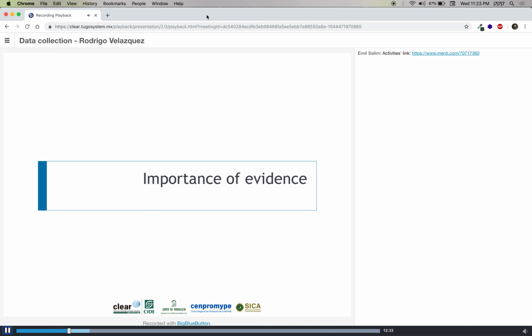So we can say that evidence is information, it is knowledge, its objective is to verify, or a fact, this is a means of verification. We can use this to prove, and it also contains information.